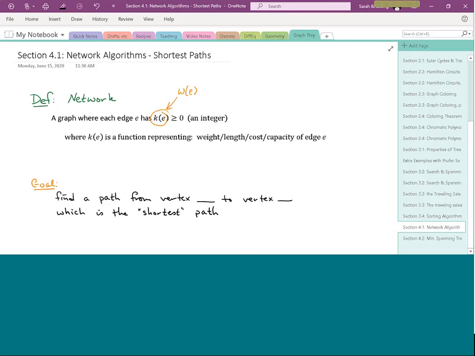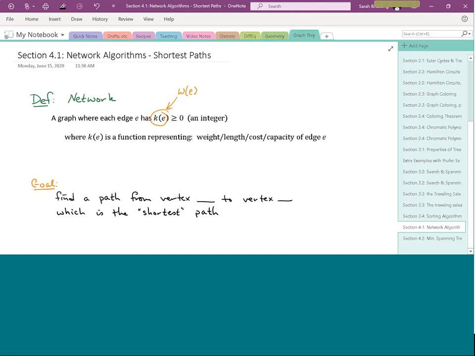Now, I lie a little bit depending on your situation or what the graph is modeling. The numbers coming from this function, which your book calls K and other people call W, can actually be real numbers. If you want to, they can be decimals, they can be negative, they can be 0, they can be all sorts of things.